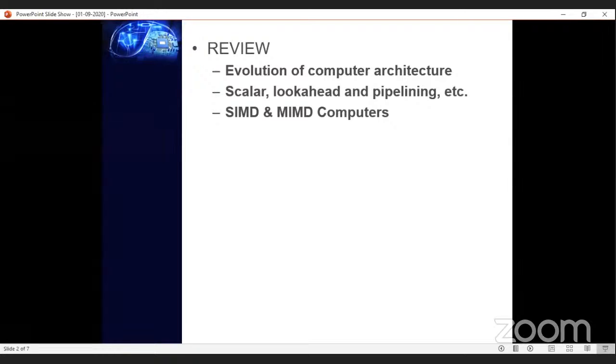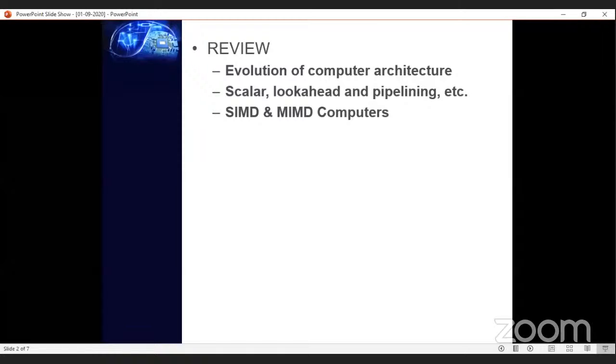There we have seen that today's architecture of computer broadly involves two types of parallel computers, namely SIMD and MIMD. So these are all the points that we have seen in the last session.